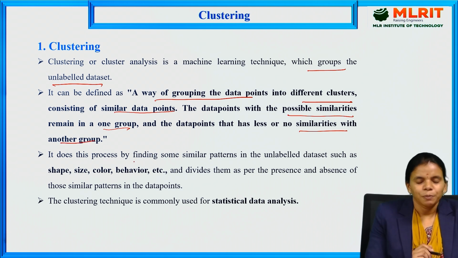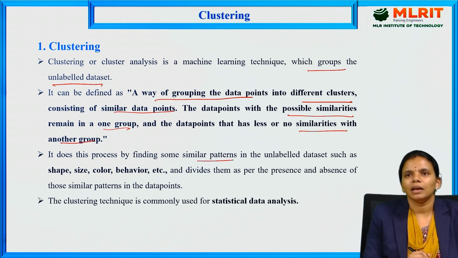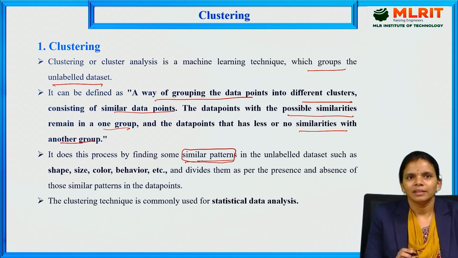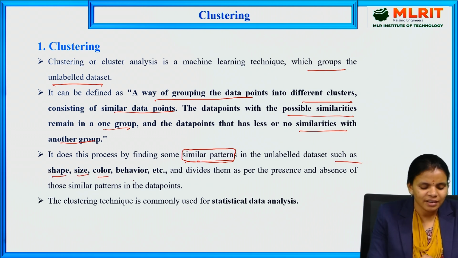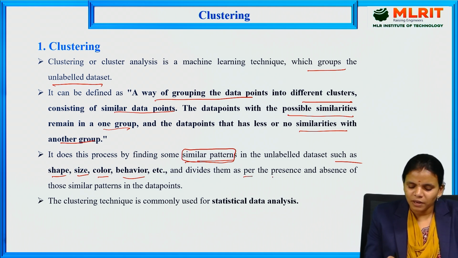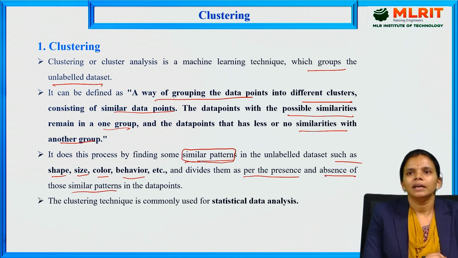It does this by finding similar patterns in the unlabeled data set, such as shape, size, color and behavior of the data points, which are divided as per the presence and absence of those similar patterns.